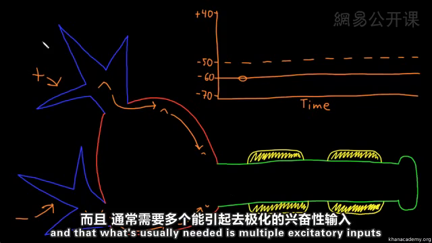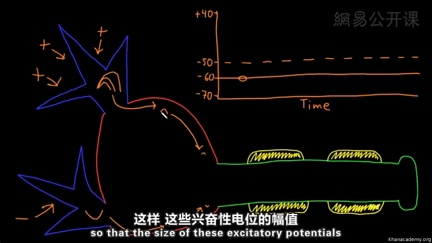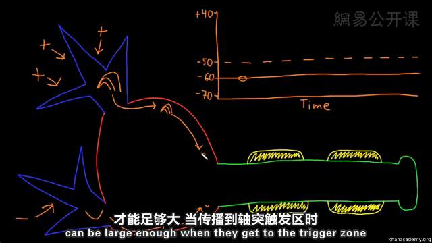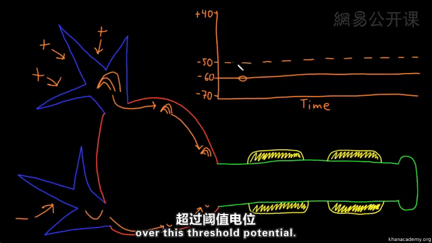And that what's usually needed is multiple excitatory inputs causing depolarizations to have temporal and spatial summation, so that the size of these excitatory potentials can be large enough when they get to the trigger zone of the axon here to push the membrane of the trigger zone up over this threshold potential.